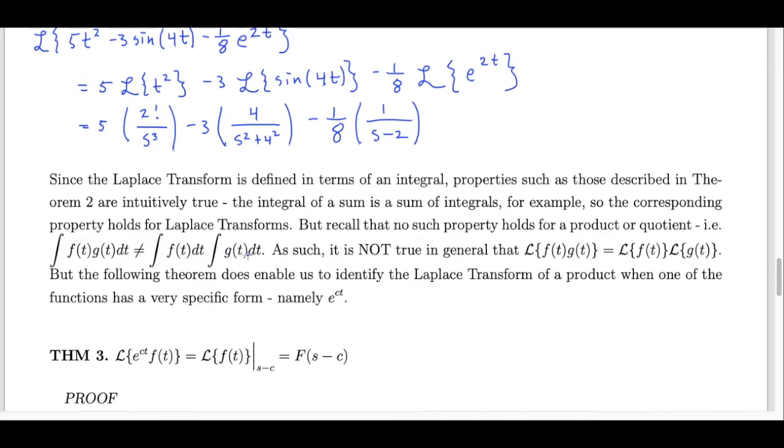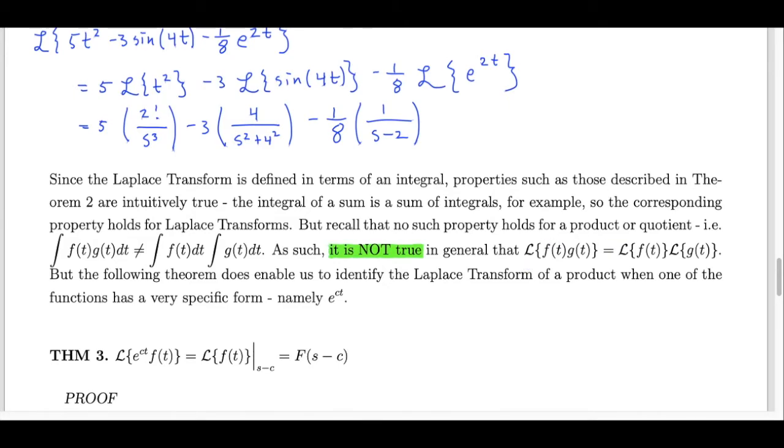This does not work. So if I look for the transform of f times g, it is generally not true that I can simply take the transform of f and then multiply by the transform of g. I would like this to be true because it would be very convenient, but it is not in fact true.